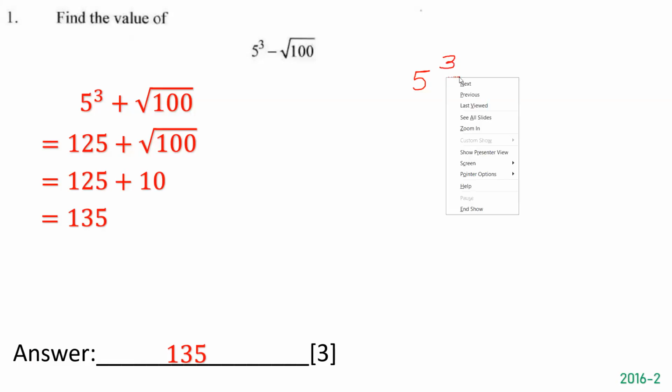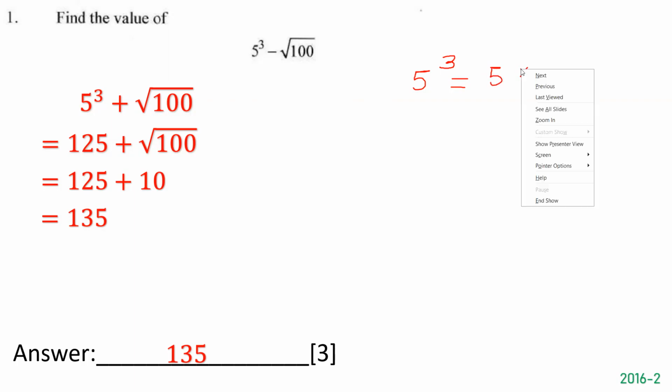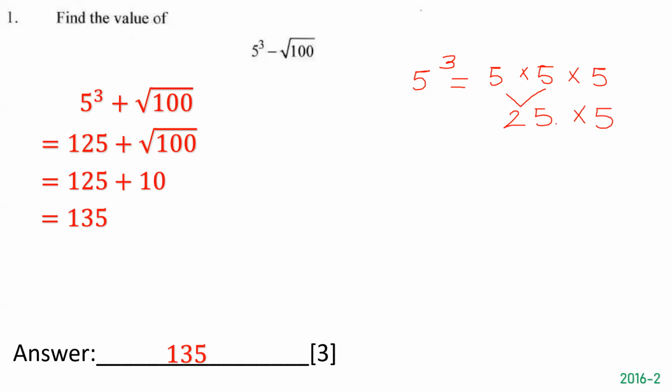That's going to be equal to 5 multiplied by 5 multiplied by 5. And so we have 5 times 5, which is 25, multiplied by 5. And this is equal to 5 cubed.